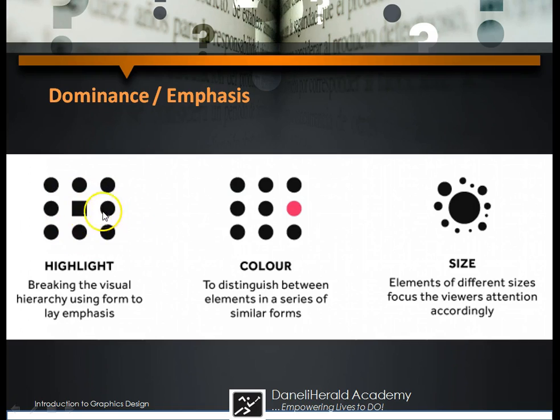Maybe if you calculate the area, it is basically the same area. But here you are using size to emphasize and to draw attention. So the bigger the shape, the more attention you want to put across.